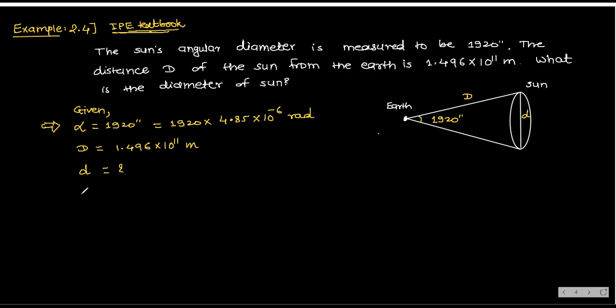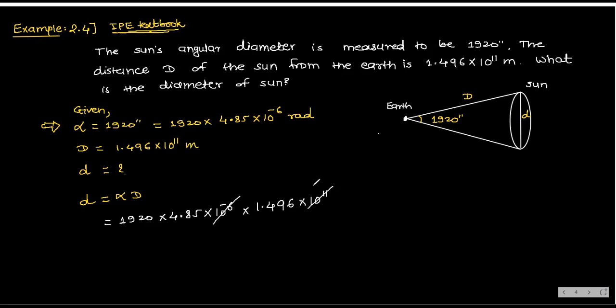Now what is our formula? Small d is equal to alpha into capital D. Let's substitute: 1920 into 4.85 into 10 to the power of minus 6, into capital D, which is 1.496 into 10 to the power of 11.